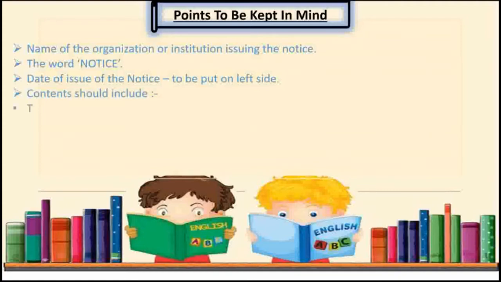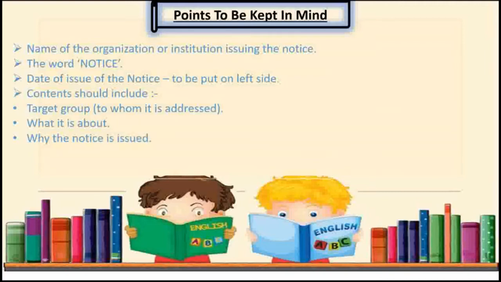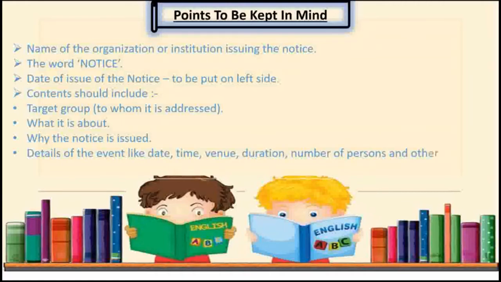Contents should include target group, to whom it is addressed, what it is about, why the notice is issued, details of the event like date, time, venue, duration, number of persons and other details, signature, name and designation of the issuing authority.